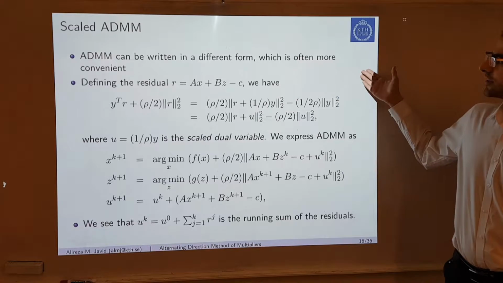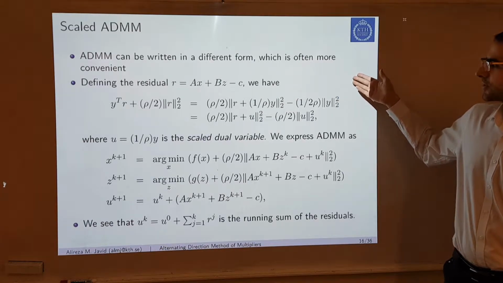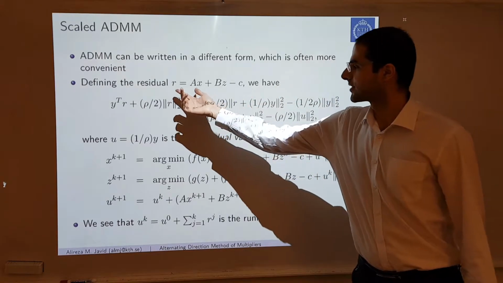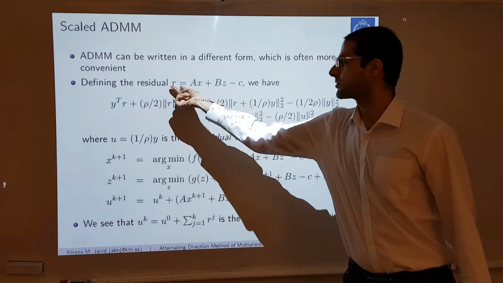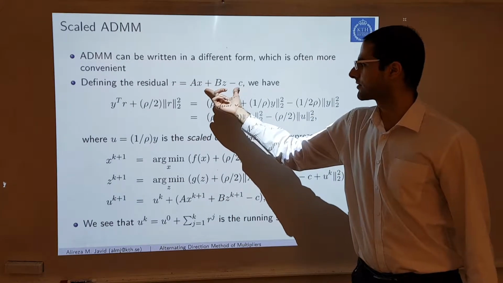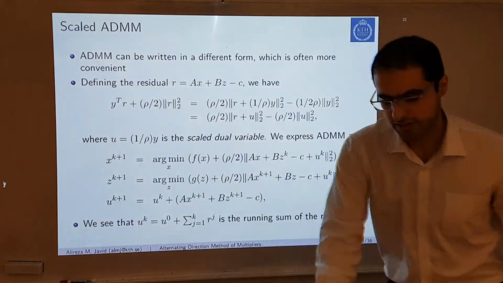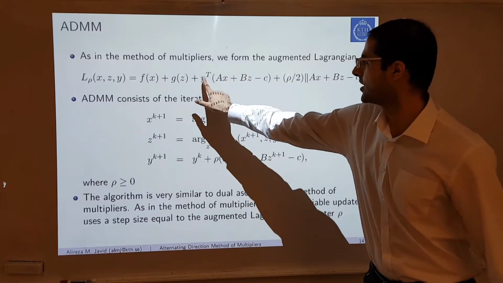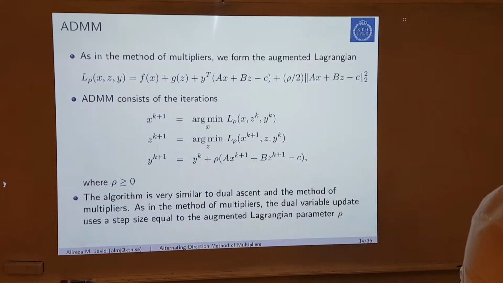This is the other form of ADMM, the scaled form, that is much more used in practice. It's easier to remember. Let's define the residual r as this expression. We want it to be 0, because this is a feasibility condition that we have. These are the two terms in the Lagrangian: y times the residual, and rho over 2 times the squared norm 2 of the residual.